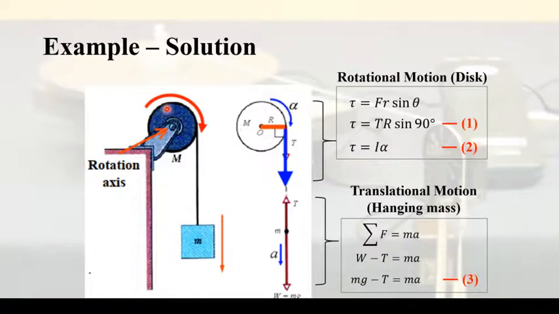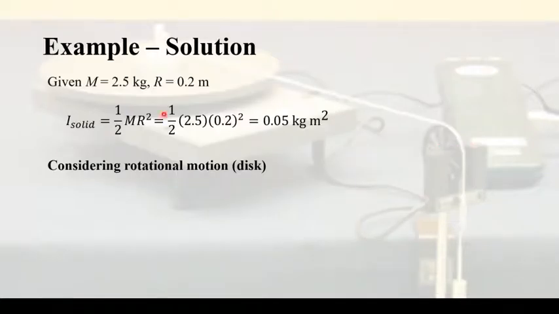For instance, you have M and R for the disc, meaning that you can calculate its moment of inertia. Given M equals 2.5 kg and R equals 0.2 meter, I equals half mr squared, which equals 0.05 kg m squared.